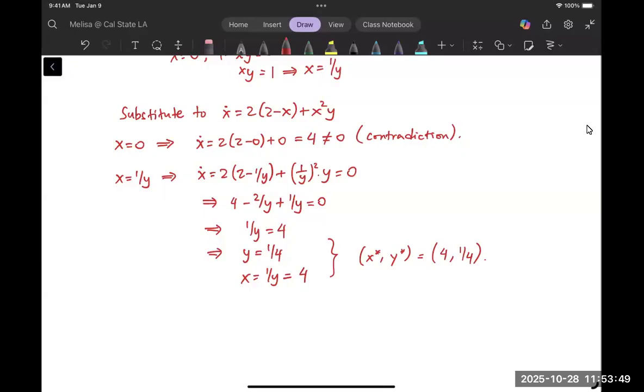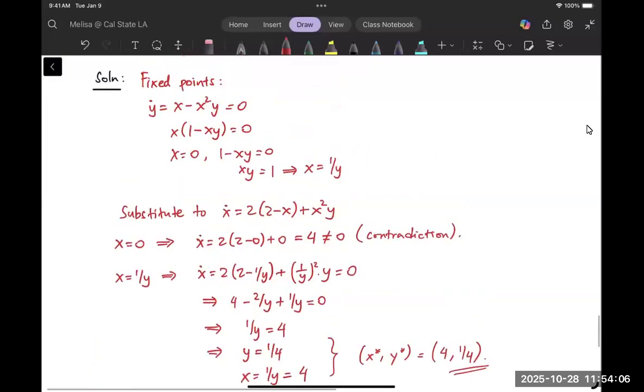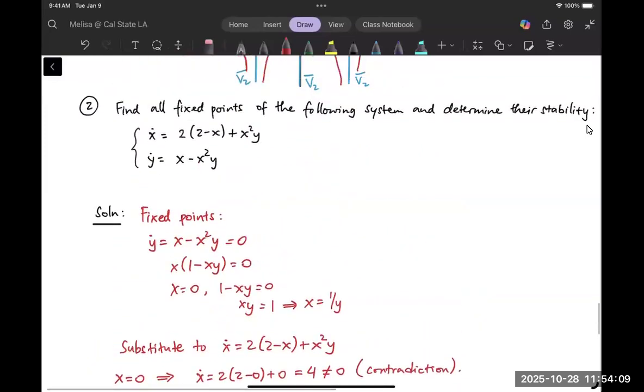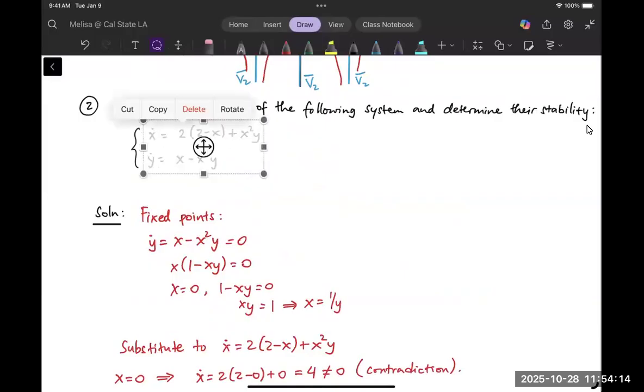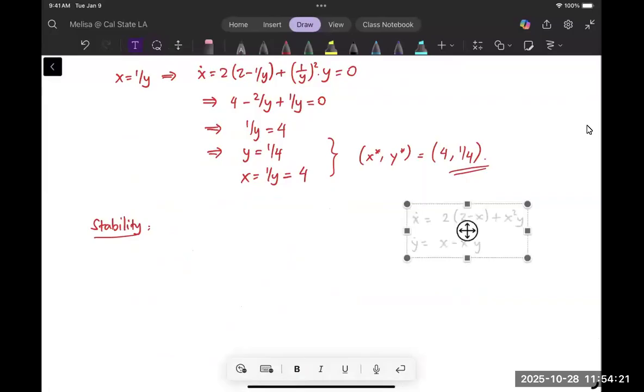All right. Now how do you look at the stability? Through the Jacobian. Yeah, look at the Jacobian. Okay, so let's copy this problem so we don't have to scroll back and forth. I'll put it here. All right, so let's look at the Jacobian.